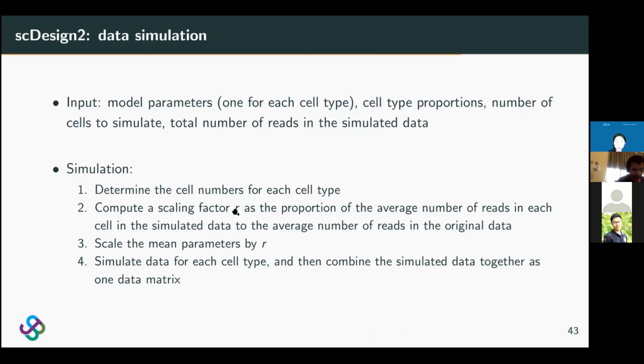Then we use the scaling parameter to scale the mean of our marginal distributions, like the Poisson or negative binomial. And then we generate data via the Gaussian copula for each cell type to obtain the synthetic data matrix. So it's basically the reverse of how we fit the model.